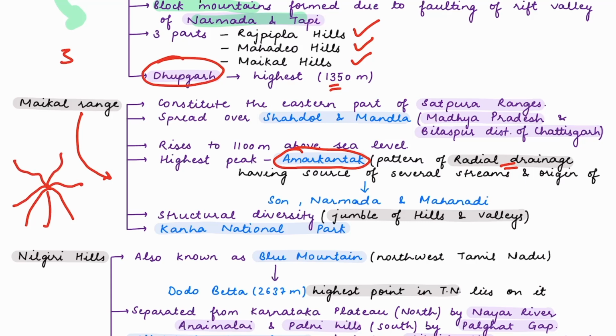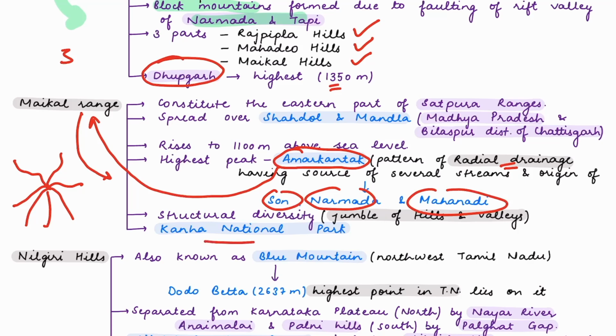Many important rivers such as Narmada, Son, and Mahanadi originate from Amarkantak. Also, Kanha National Park is located in the Maikal range. Often, Kanha National Park and Pench National Park are in the news. Okay, so this is about the Maikal range.